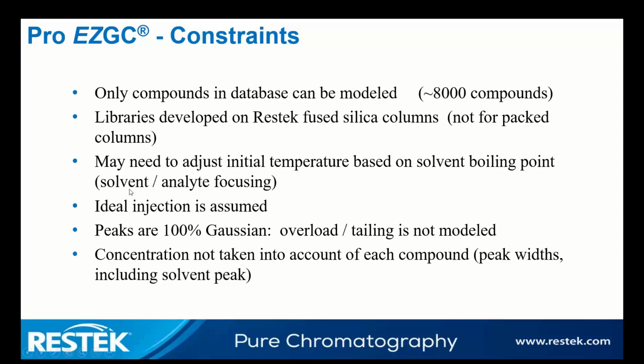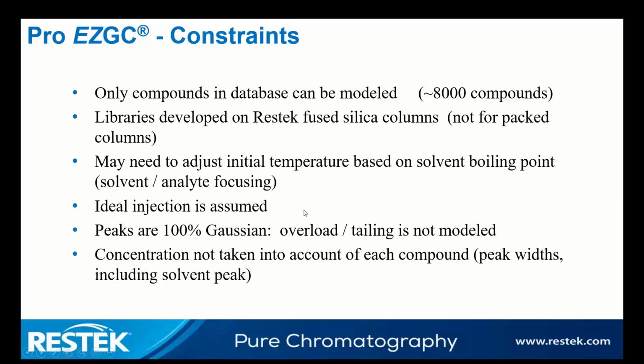Again, we can have solvent analyte focusing. When we were developing EZGC, we ran into solvent analyte focusing issues, and there's an article on LCGC that you can look up. If you just type in analyte focusing LCGC, it'll come right up. It discusses this in detail and the things that we found.